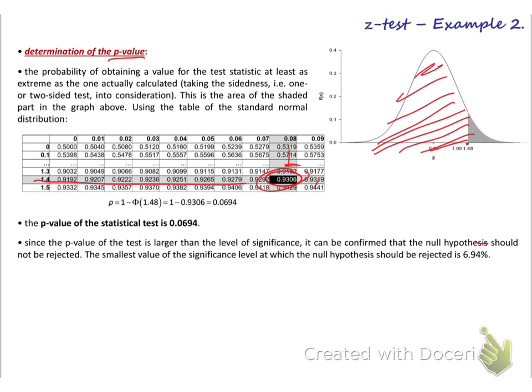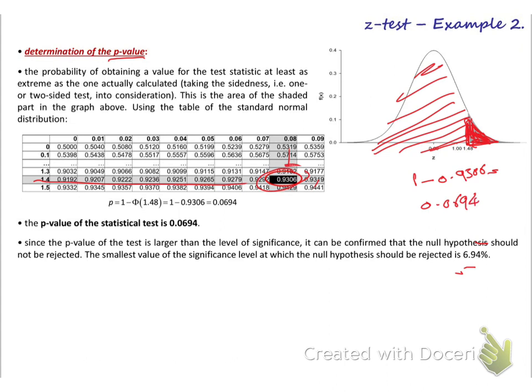So I don't want this one. I want the probability of the rejection area which I have, the rejection area to the right. So it will be 1 minus the probability which I got from the standard normal distribution table. 1 minus 0.9306, so the answer will be 0.0694.